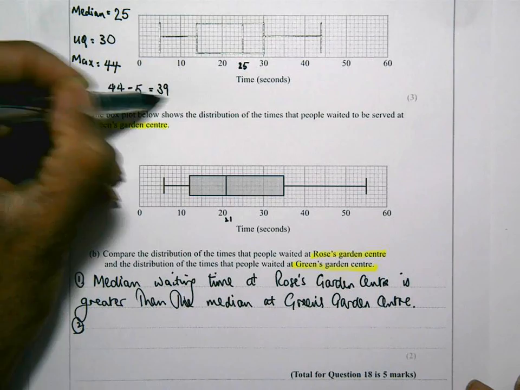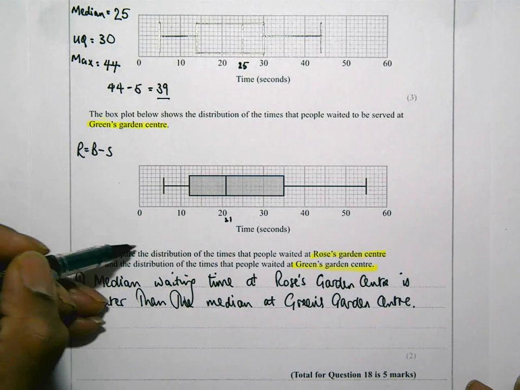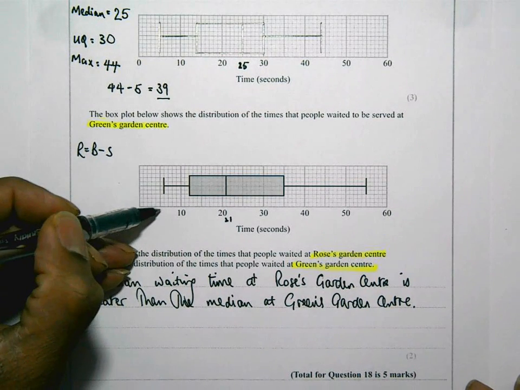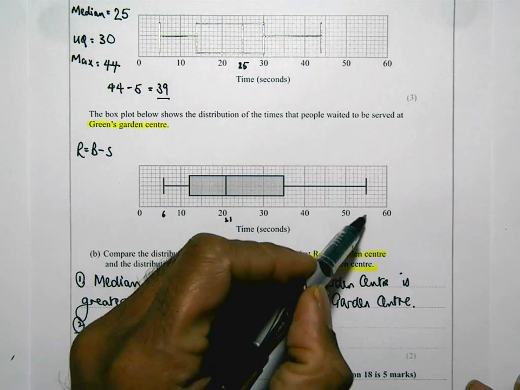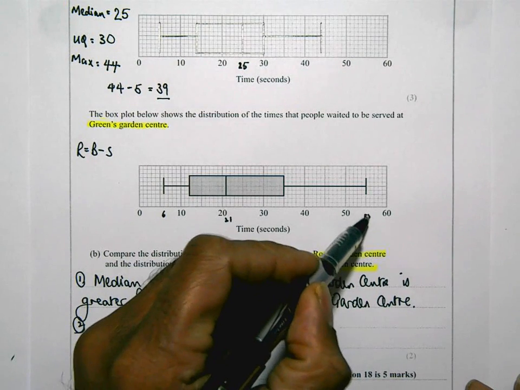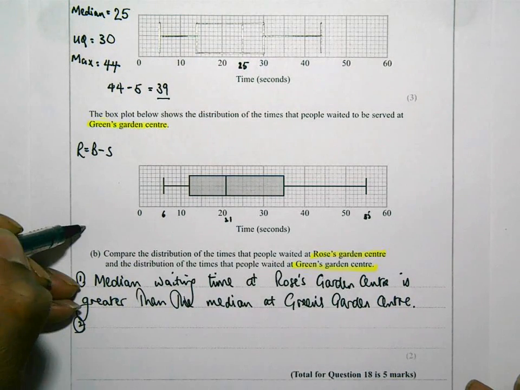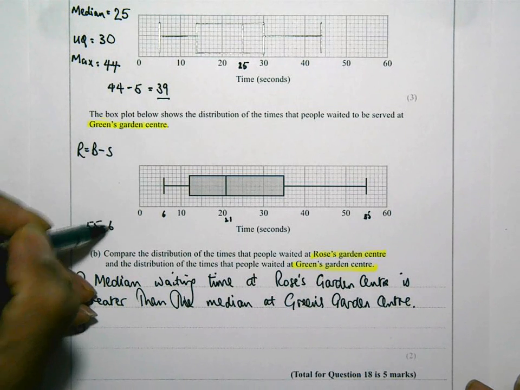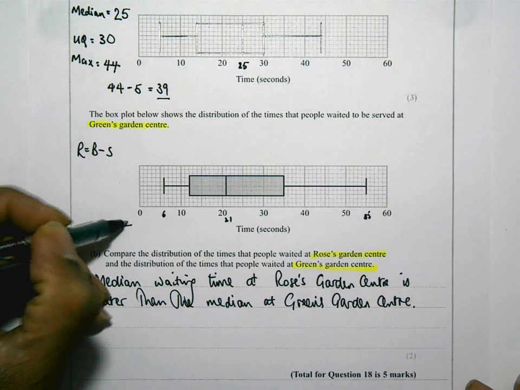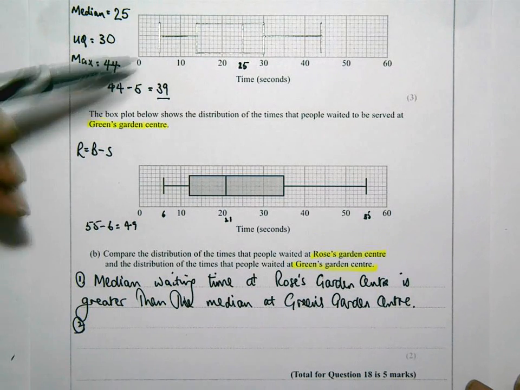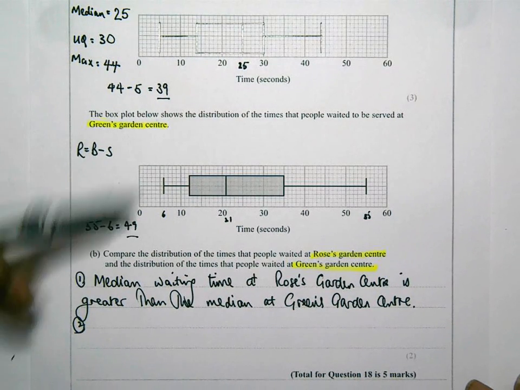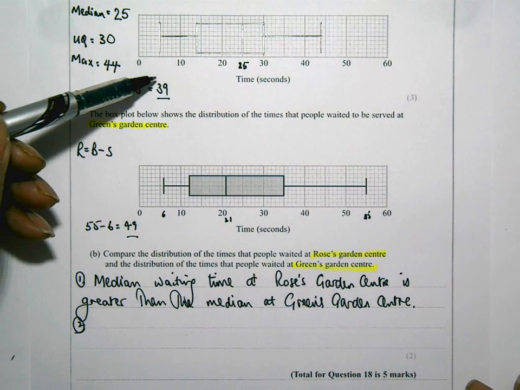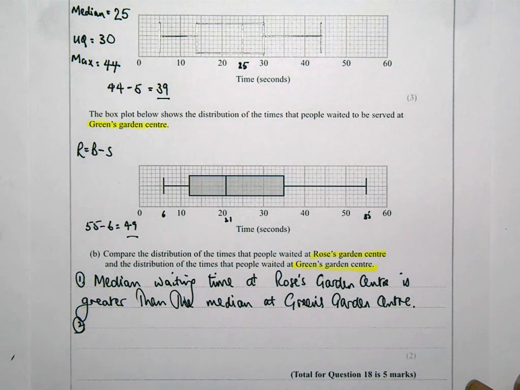And the range over here, well, that particular value there is 6, and that value there is 55. So the range here is going to be 55, take away 6, which is 49. So what I could see there is that the range at Green's Garden Center is greater than the range in waiting time at Rose's Garden Center.